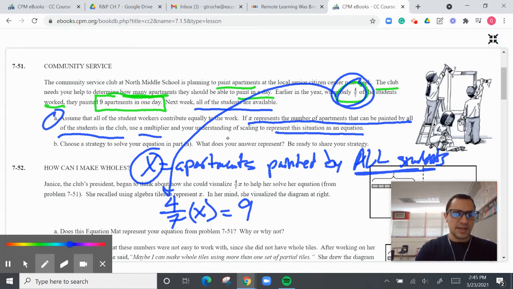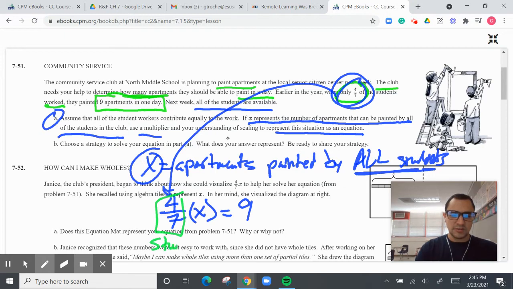We have this is our students, which is 4/7 of X, which is our apartments from all the students, and that should equal 9. So in order for us to solve this, we need to represent our answer in a certain way. Let's go ahead and solve for X.